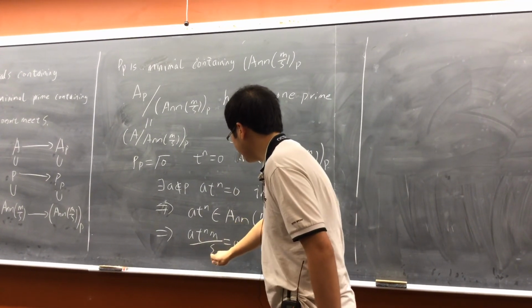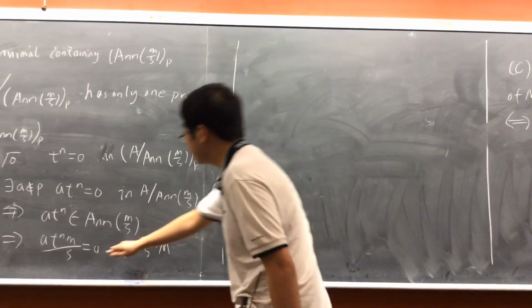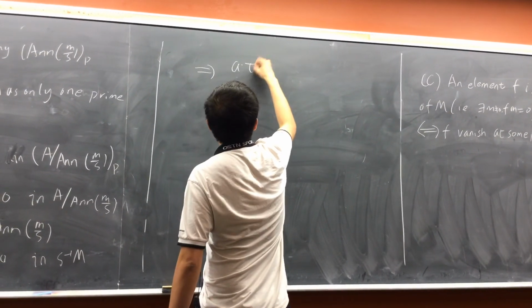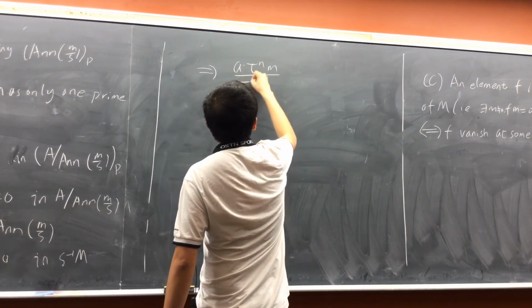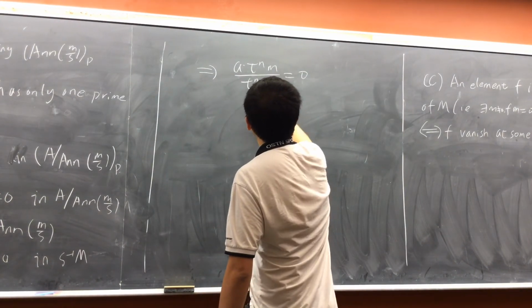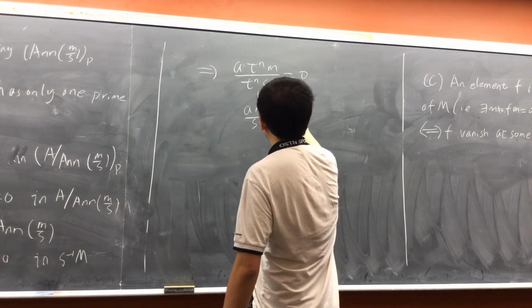Since T is in X, T to the power of n is a unit. So this means A T^n M T^n X is 0, and this is the same thing as A M X being 0.